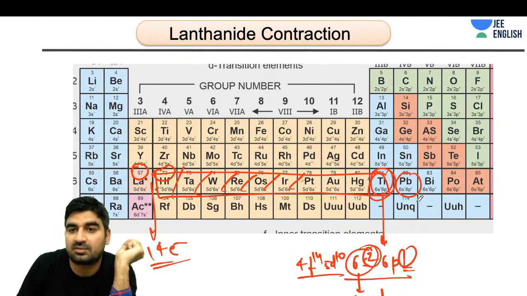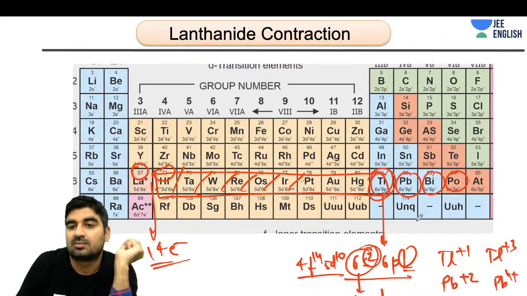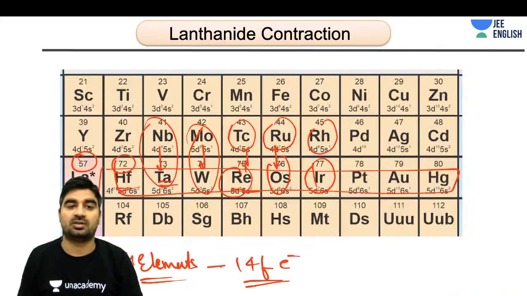It will be observed in Pb, Bi, Po and so on. As a result, Tl+1 is more stable than Tl+3, and Pb+2 is more stable than Pb+4. The configuration will be ns2 np2. After losing the p electrons, these two s electrons become inert. We call it the inert pair effect.